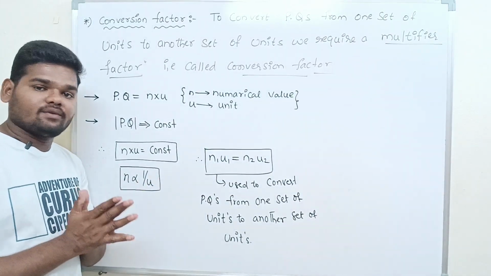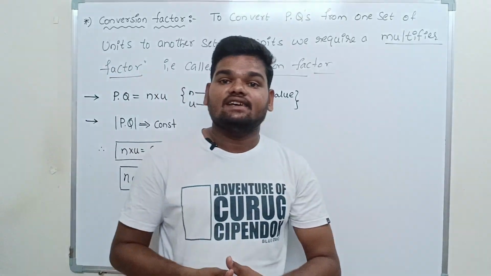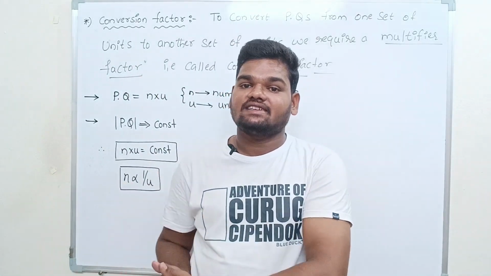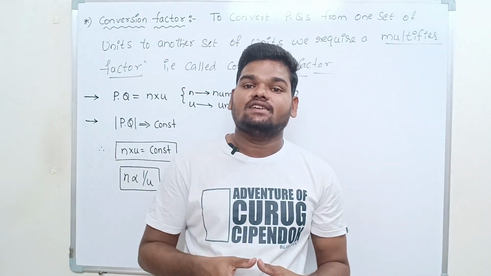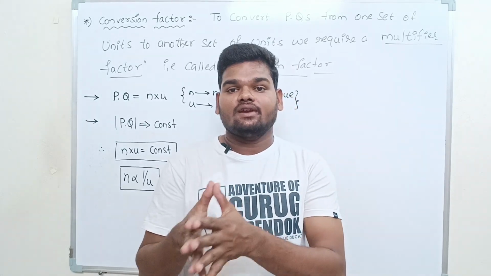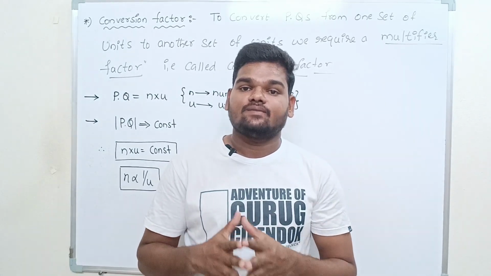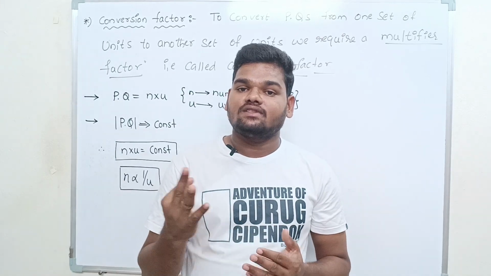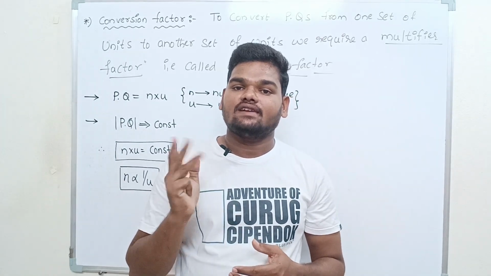Is it clear? So this is the end of today's session. In this session, we have discussed physical quantities and the types of physical quantities. Physical quantities can be classified into three types: fundamental, derived, and supplementary.